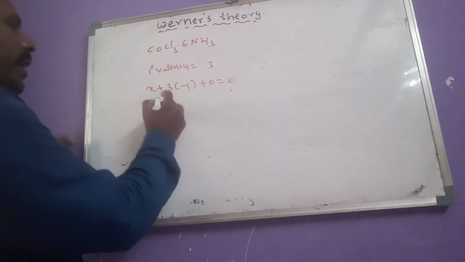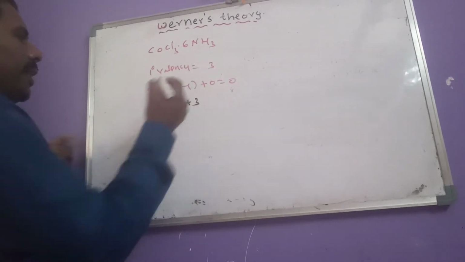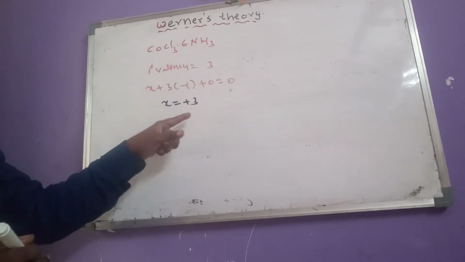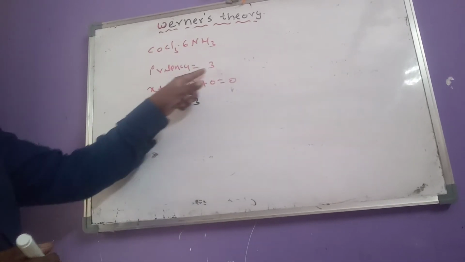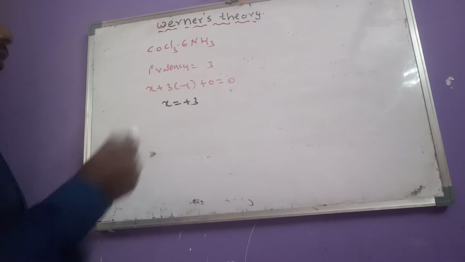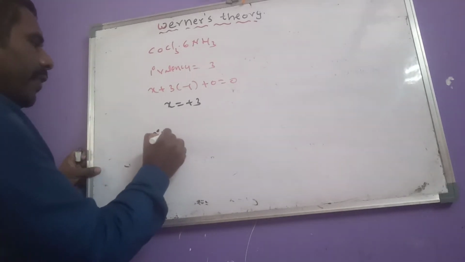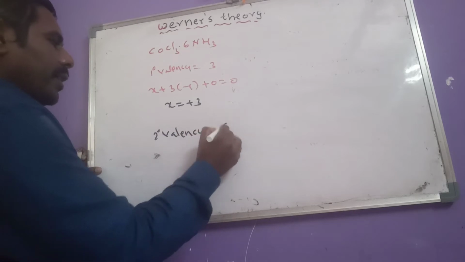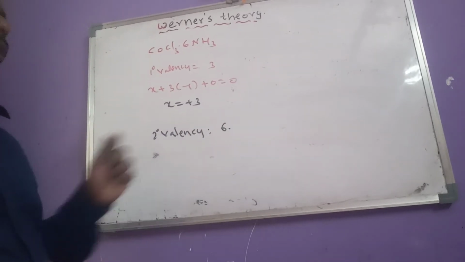Therefore, we get x equal to plus 3. So the oxidation number of cobalt is plus 3. So primary valency is how much? It is 3. And secondary valency of cobalt is 6. It is a fixed quantity.